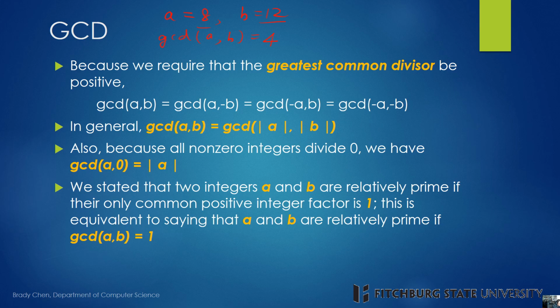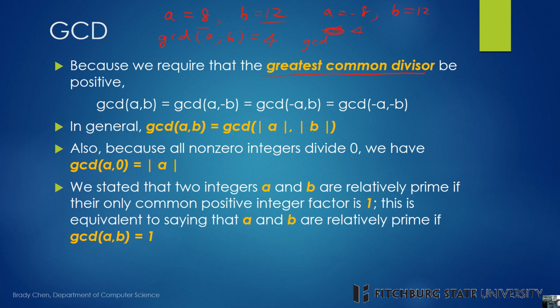Now, what about this? A is negative 8, b is 12. Of course, negative 4 divides negative 8 and negative 4 divides 12. But by the definition, the greatest common divisor has to be a positive number. So it's also 4, right?